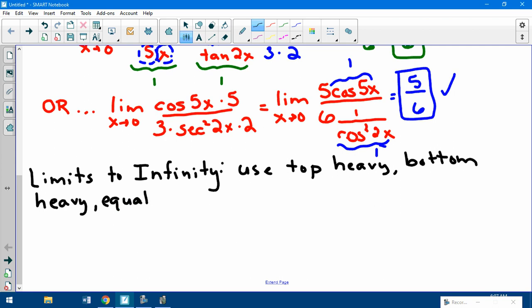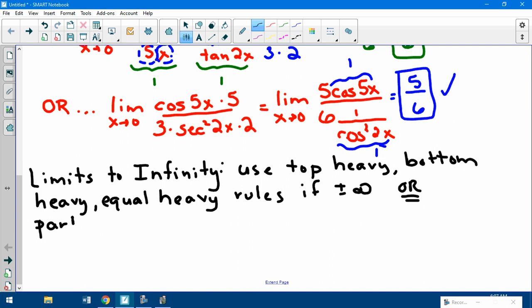Hopefully you know what those are. I'll review them quick if you don't. That's if it's plus or minus infinity. And that's what I mean by if the limit goes to plus or minus infinity. Or sometimes along with those rules, you might need to partition it.